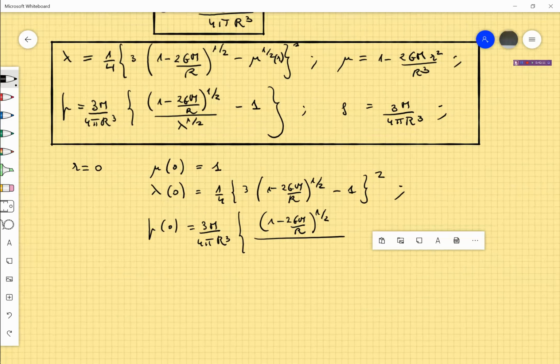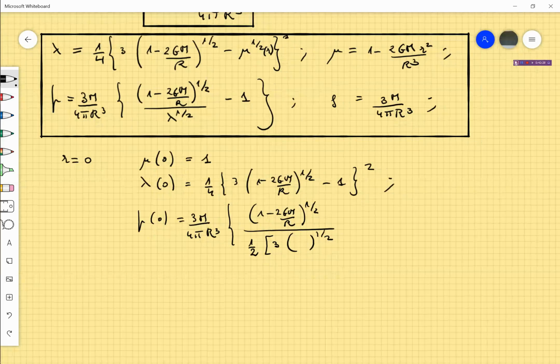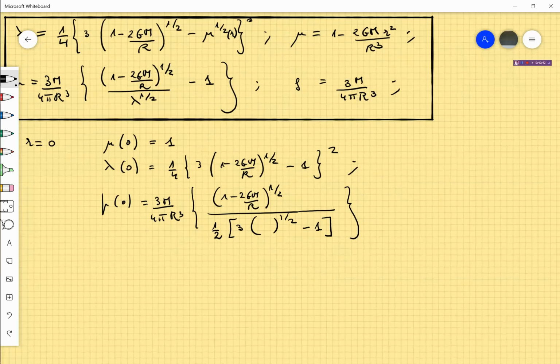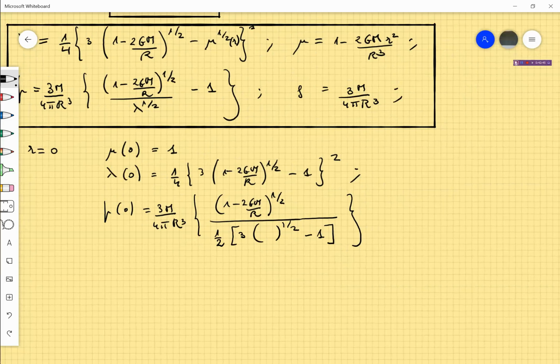Well, lambda 1/2 has first a factor of 1/2, and then you have 3 times this parenthesis, this parenthesis always means (1 minus 2GM divided by capital R)^(1/2), minus, and then mu to the 1/2, but this is 1. Okay. And nothing else because this was squared, and there is minus 1 here. Okay.